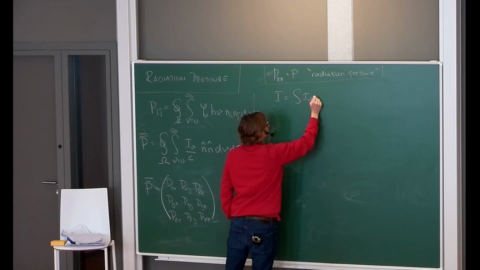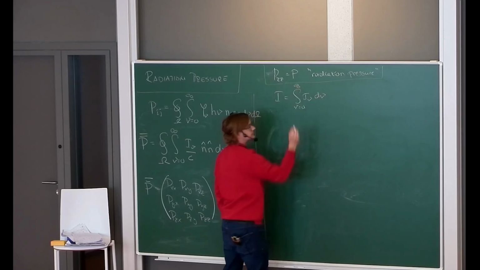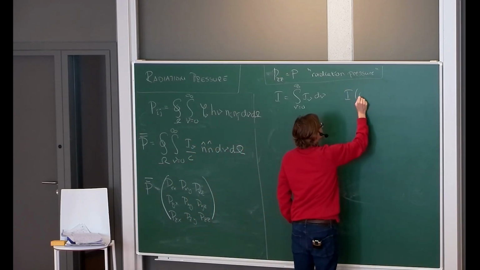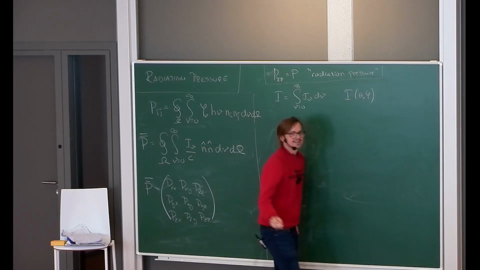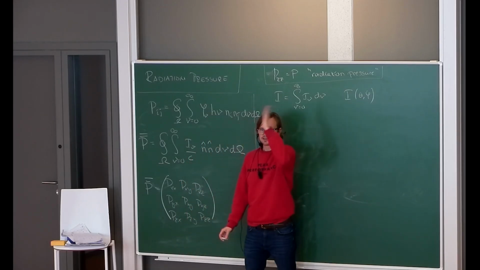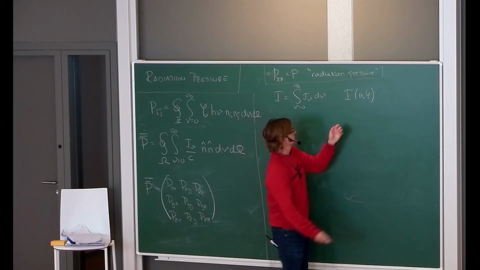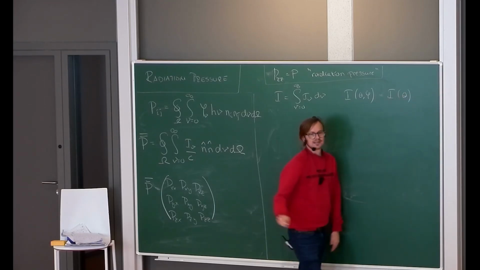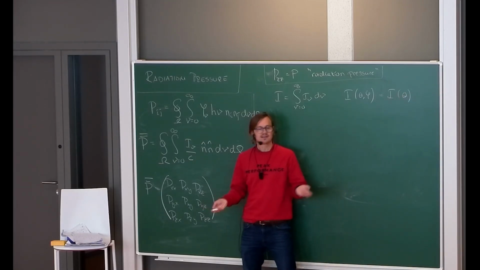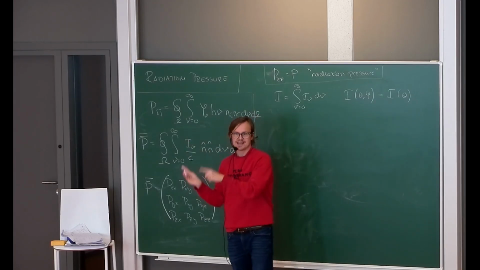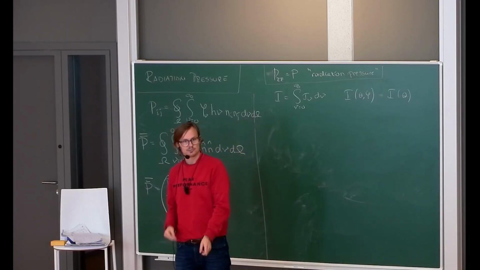So we're working with this quantity now. And we're going to say that this quantity, which in general, as we have seen, is a function of 2 angles, theta and phi, is axisymmetric. That is, only a function of theta.